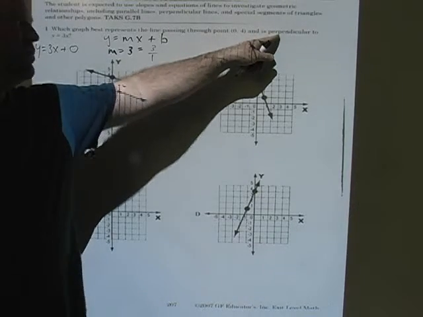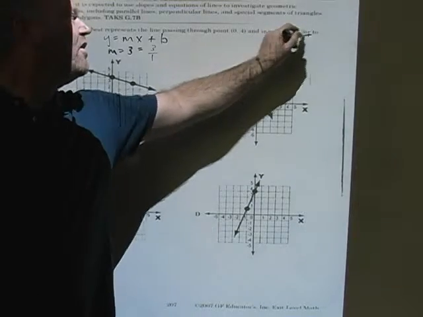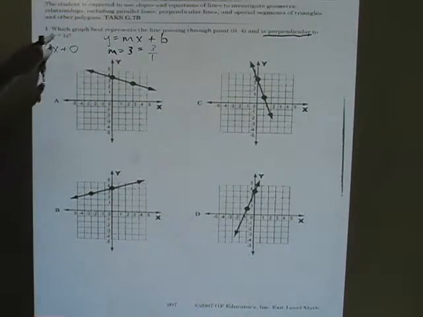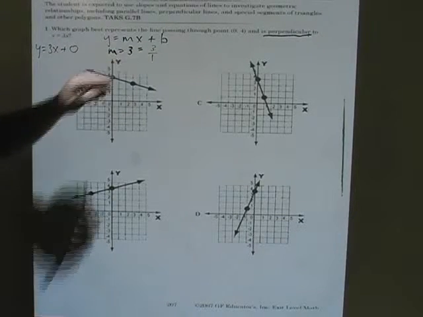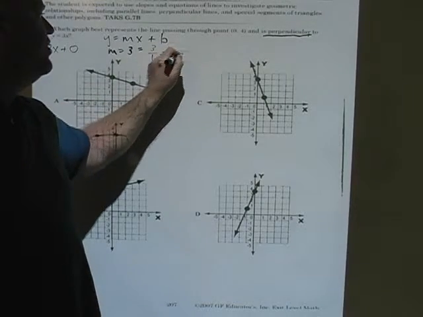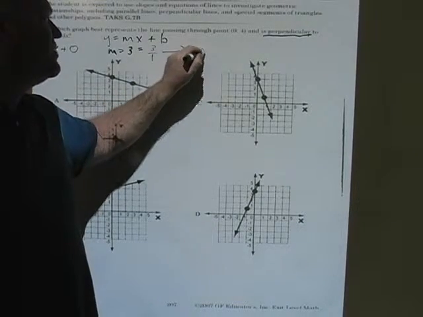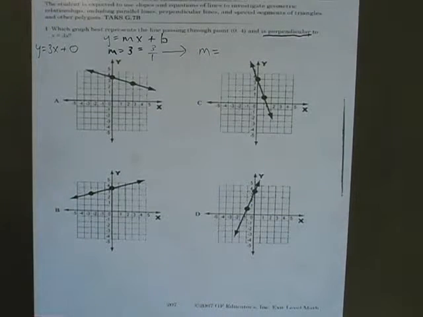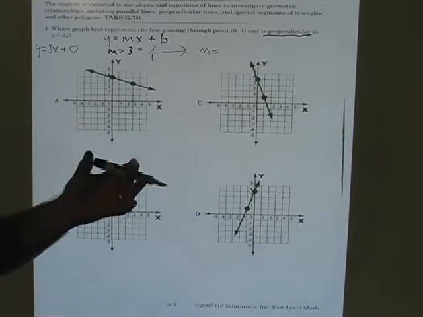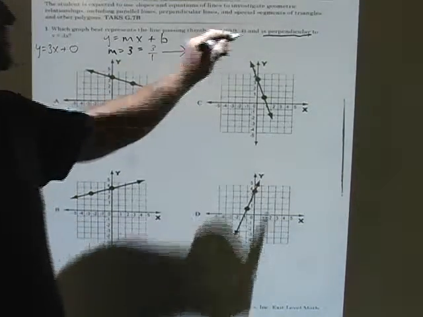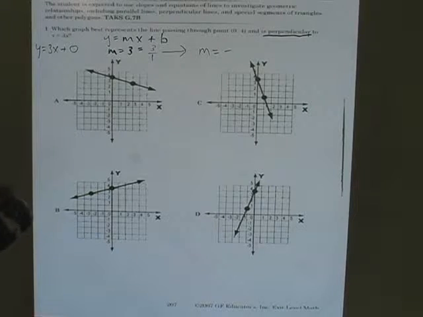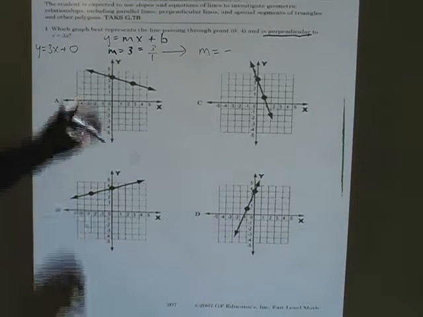This line that we're looking for is perpendicular to y equals 3x. Well, y equals 3x has a slope of 3 over 1, so our perpendicular line is going to have, remember, on perpendicular, the opposite sign. Since this is positive, this one's going to be negative, and we have to take the reciprocal.